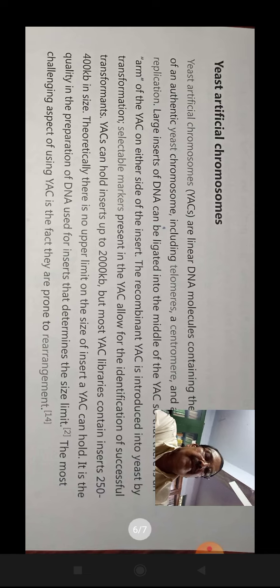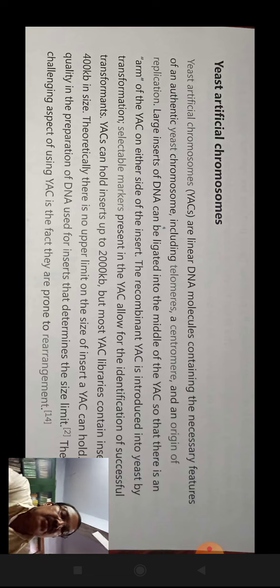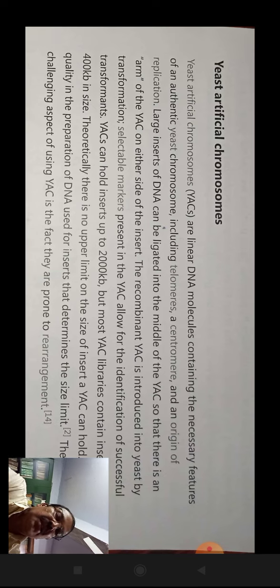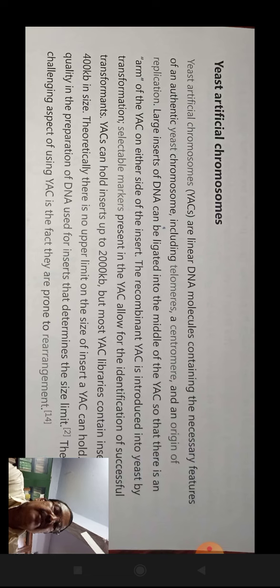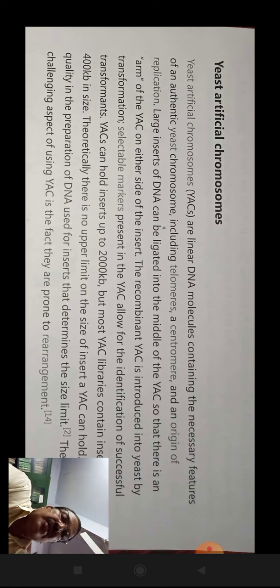Next one is yeast artificial chromosome. Yeast artificial chromosomes are linear DNA molecules containing the necessary features of an authentic yeast chromosome, including telomeres, a centromere, and an origin of replication.